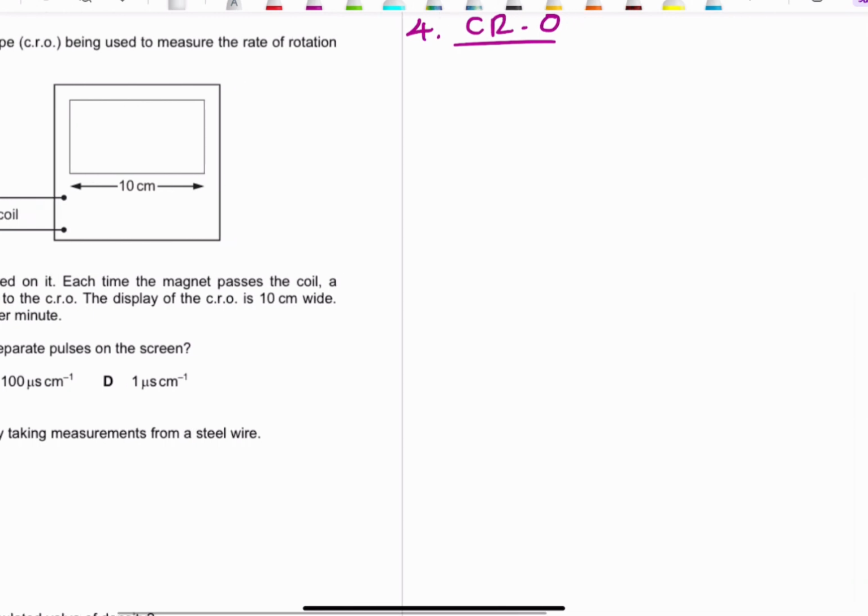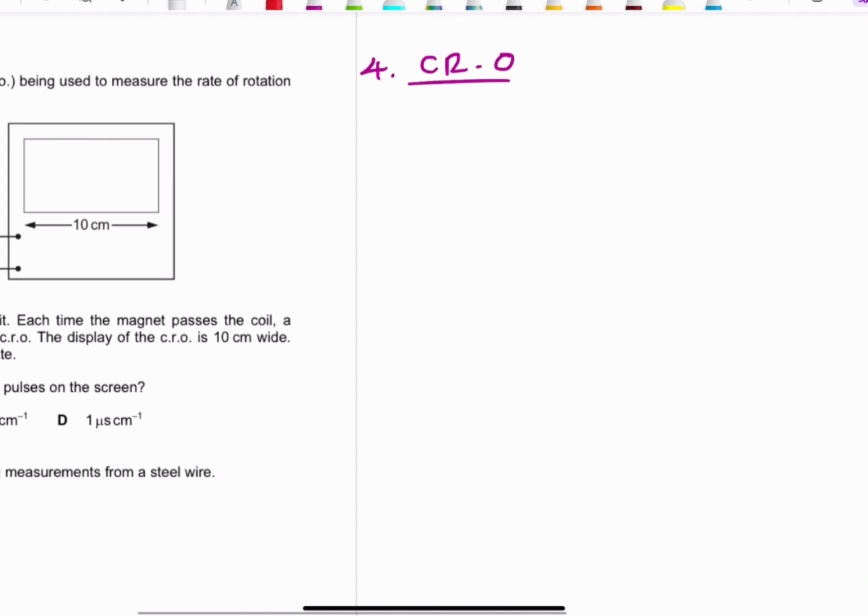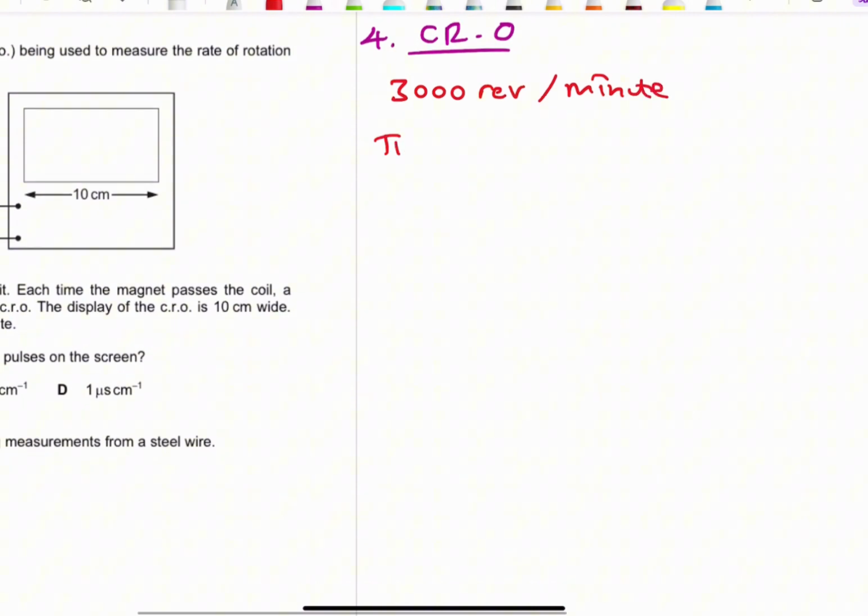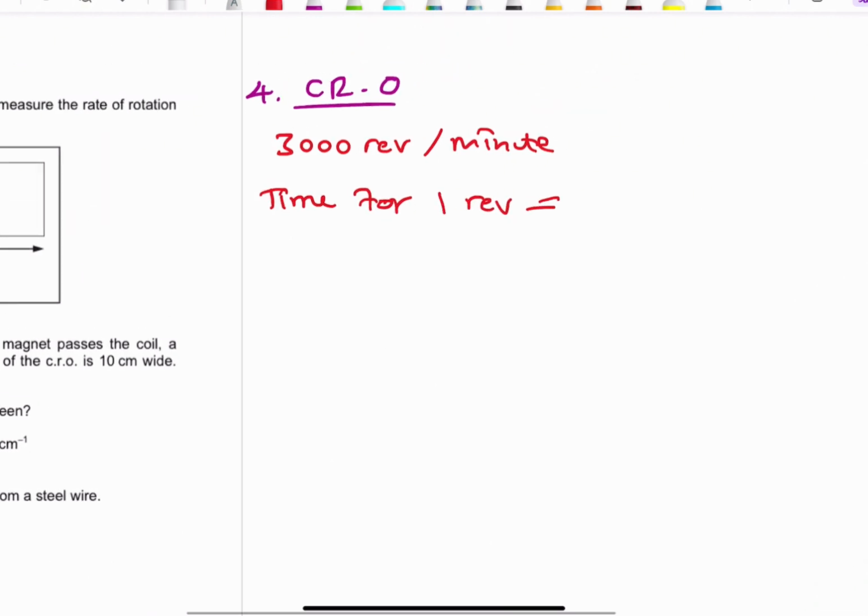So it rotates at 3,000 revs per minute. The period is the time taken for one revolution. If it takes 60 seconds for 3,000 revolutions, what about one revolution?